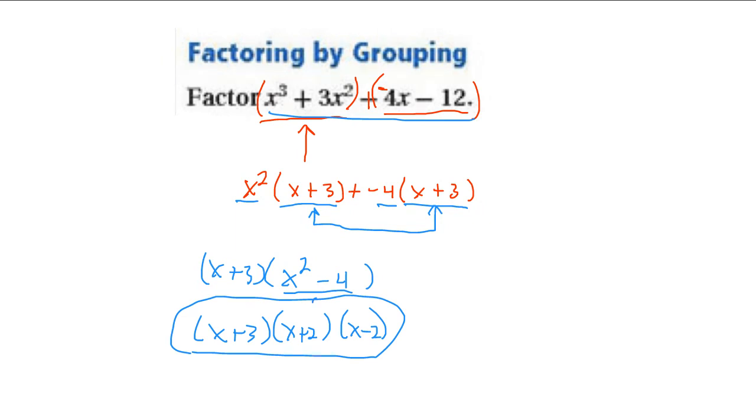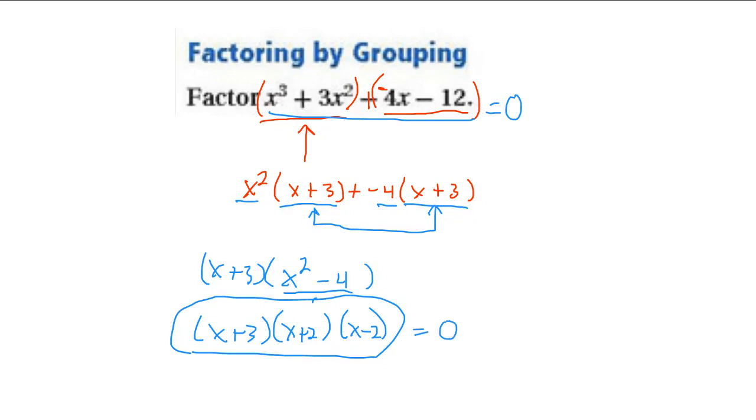Does anybody know why we factor? Is it just to make students unhappy? It's like, you got to factor these. The reason we factor is because that helps us solve equations. If this was set equal to 0, and I asked you to solve this equation, the first thing I expect kids to do is factor.